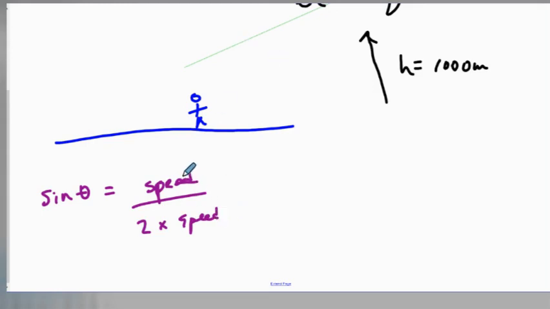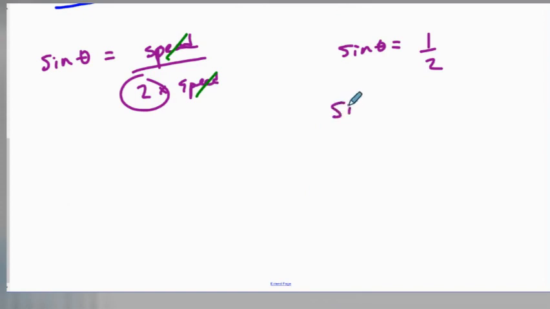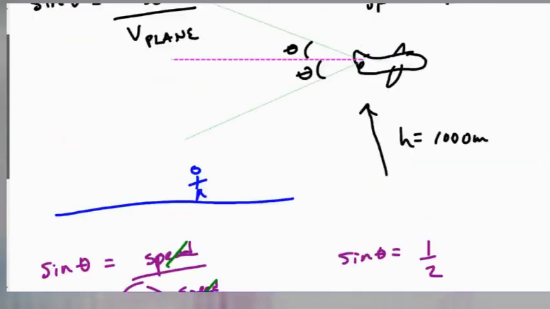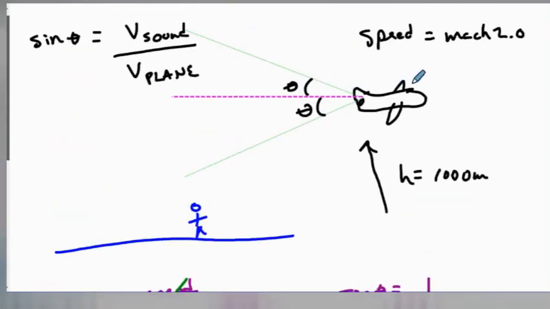And so what I have here is the speed of sound divided by 2 times the speed of sound. So the sine of theta is 1 over 2, because we've got the 2 right there. Okay? So the sine of theta equals 1 over 2. And what would that be? Theta is 30 degrees. Okay, so I know in this particular example, and the faster the airplane's going, the more narrow the cone becomes, that this is 30 degrees.